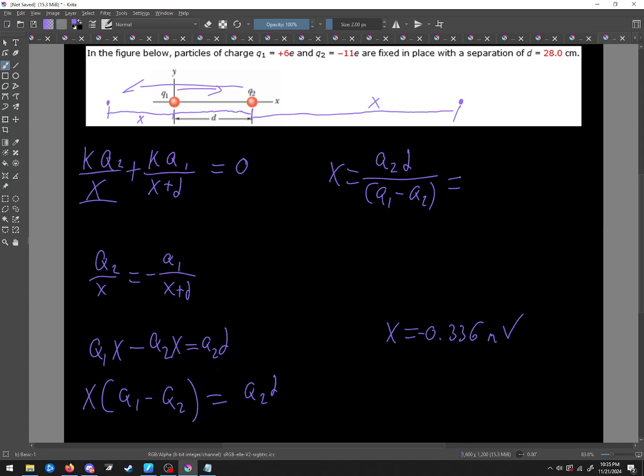So Q2 is negative 1.7 times 10 to the negative 18.